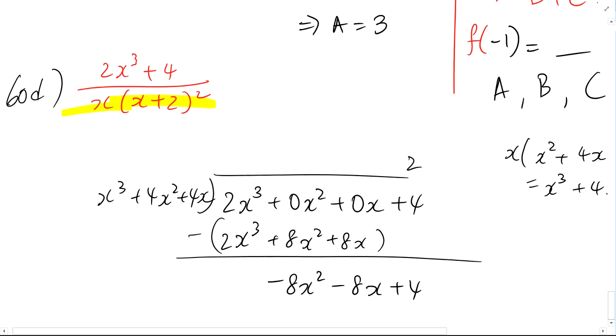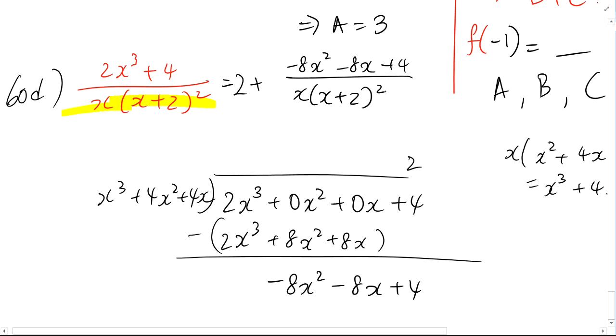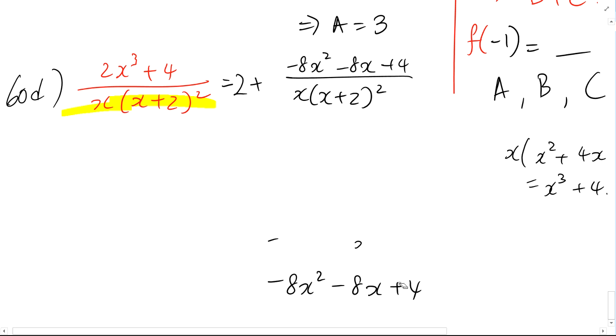Okay, so now what is this equal to? 2 plus (negative 8x squared minus 8x plus 4) divided by the denominator. I am no longer interested in all your little workings.